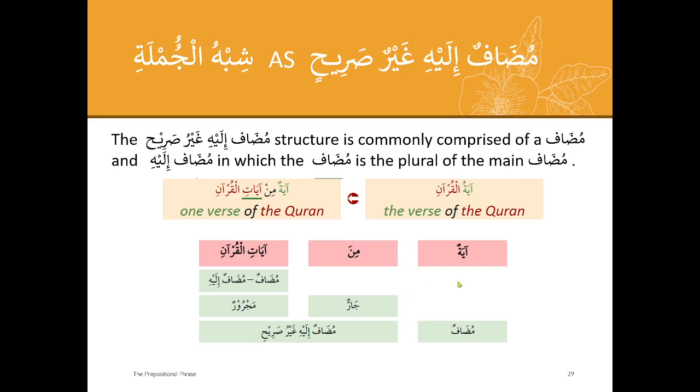It's more complex, because we could have simply said Ayatun Minal Qurani. But here it says Min Ayatil Qur'ani. Alhamdulillah. I hope the term Ghayr Sarih is clearer now, inshallah.